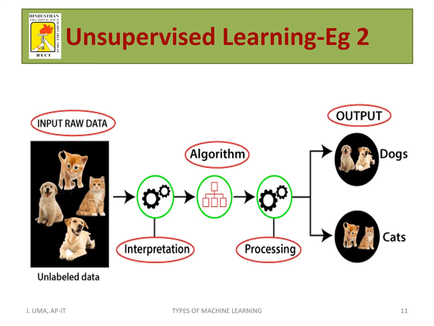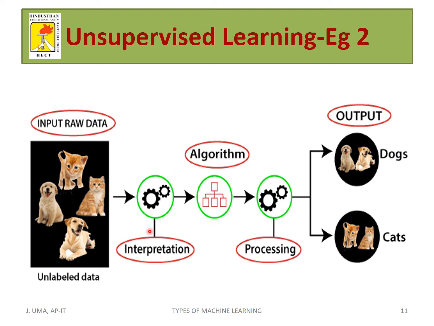Let us move on to the second example of unsupervised learning. Here I have the input raw data with a set of images that is given to a machine for interpretation.